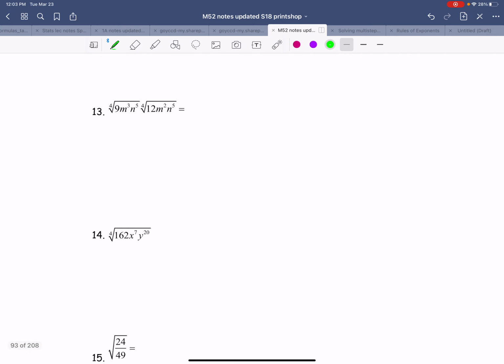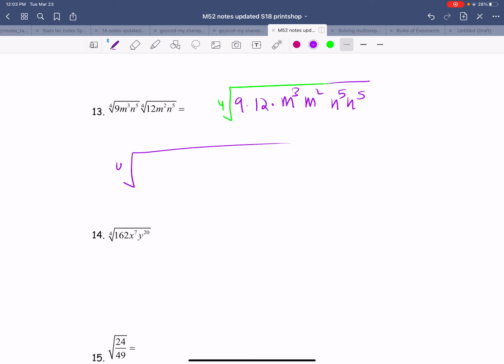That was number 12. Here's number 13. Again, the same thing. Because it's a fourth root, I will need to have 4 things inside. So I'm just writing the numbers closer. All right. So we need to have 4 things inside to be able to bring one out. I'm going to break the 9. 9 is 3 times 3. And 12 is 2 times 3 times 3.